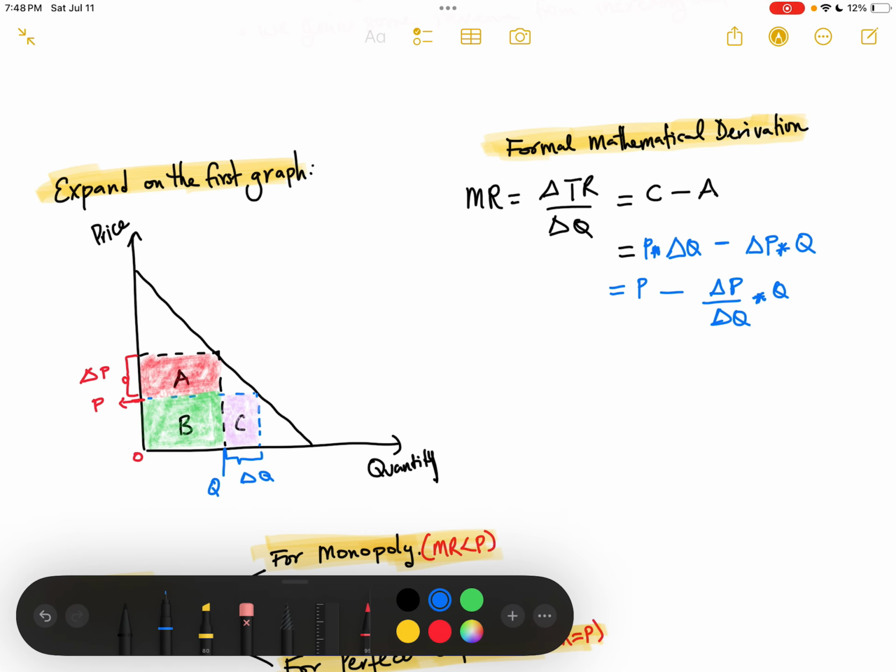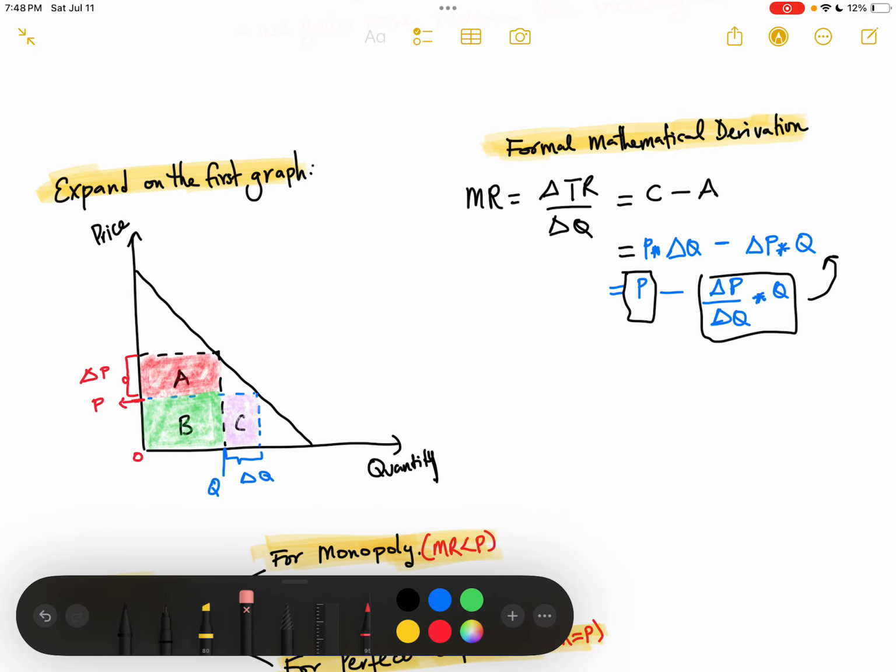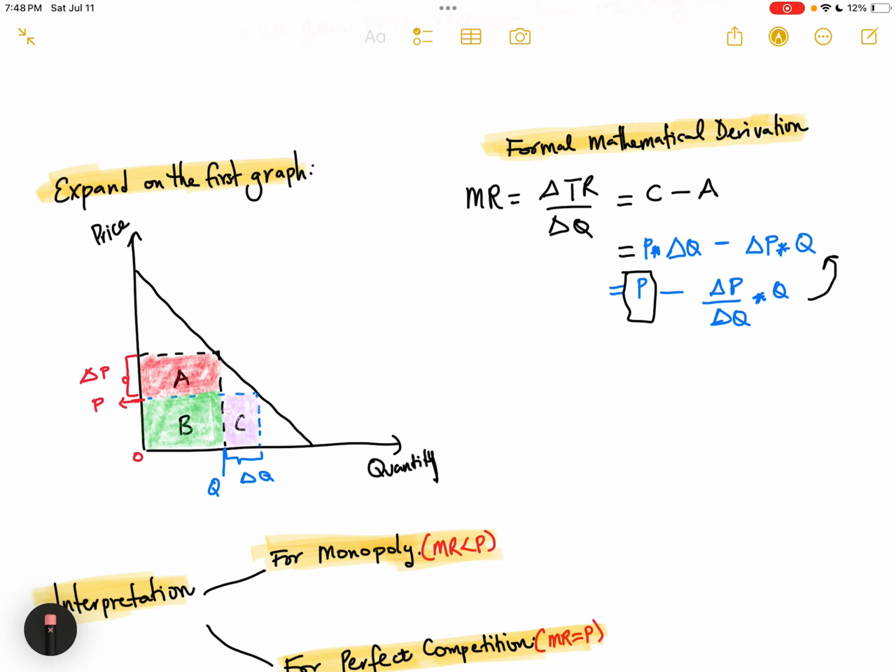For those who are confused, the way to check this kind of math is you try to go back that way by multiplying each term, right? So this is one term and this is the other term. Multiply each term by change in Q so that you go back to the previous line. I hope you see that. Please pause and check on a sheet of paper that it's correct.